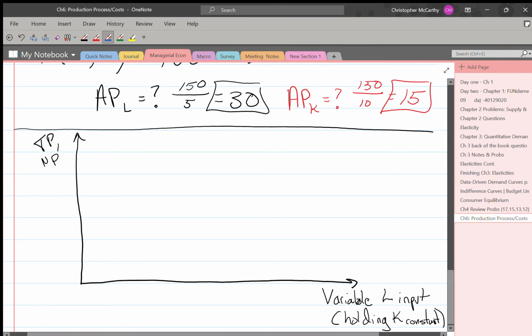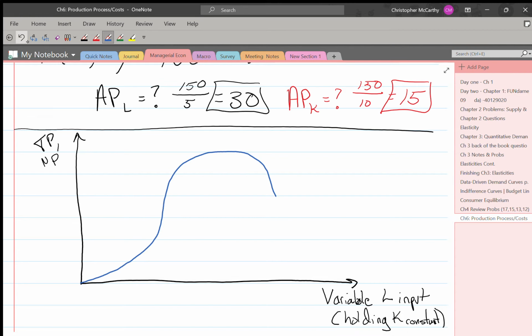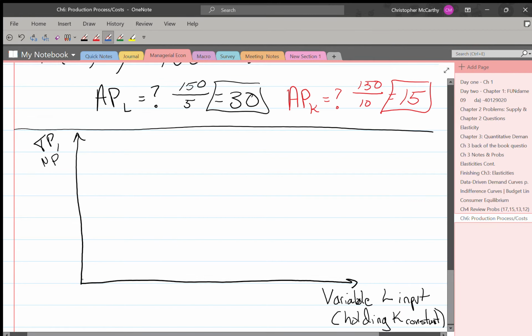We've got a total production that does this. For those of you that are mathy, it's convex at the beginning, then concave, and then it goes down. I did it a little bit exaggerated, but there's increasing returns, then there's an inflection point, then there's some sort of maximum, then there's a slight decrease.